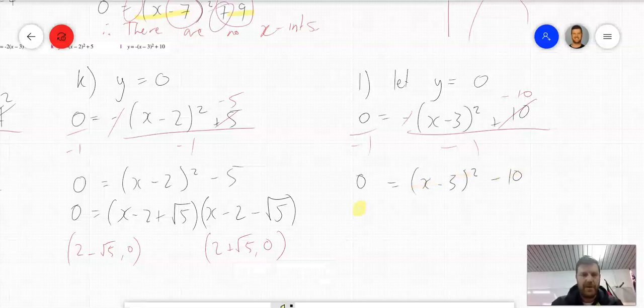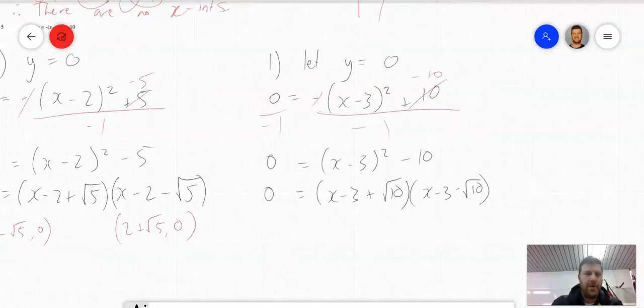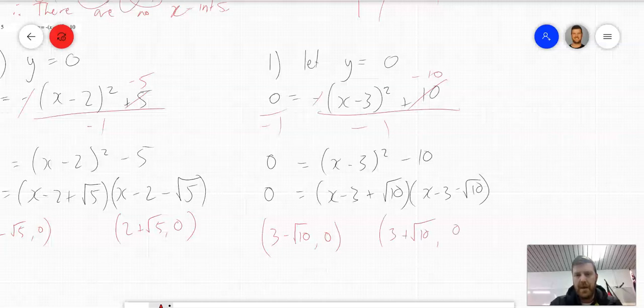So difference of perfect squares factorizing is okay. X take 3 at the front, root 10 at the back, separated by a plus and a minus. And I'm going to go ahead and just give you the x-intercepts. It will be 3 take root 10 and 0, or 3 plus root 10 and 0.